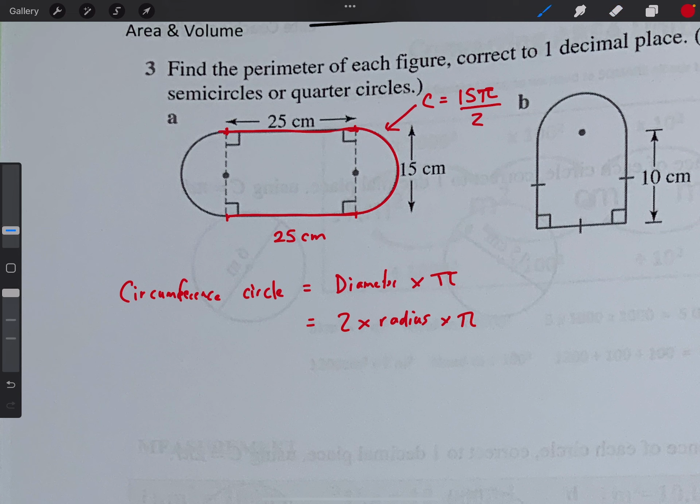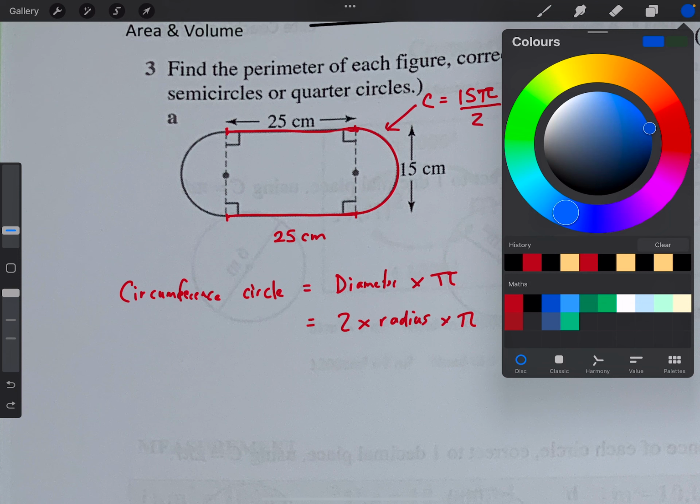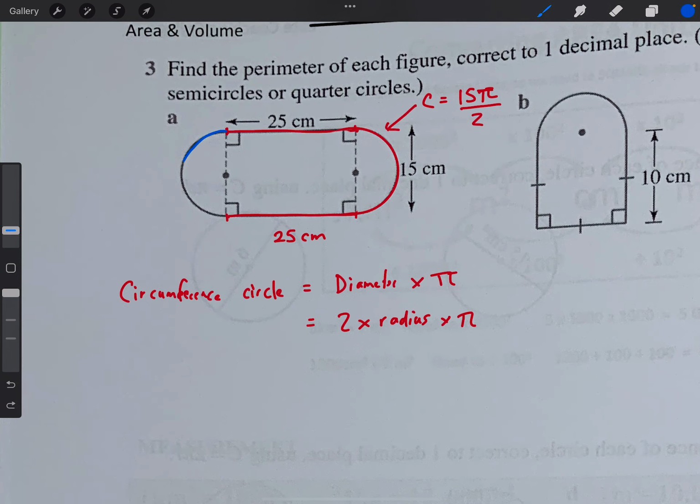Now, the circumference of this side has the same diameter. So that means this part, I want to put this in blue actually. The circumference of this semicircle is also the same, which is going to be 15 pi on 2.